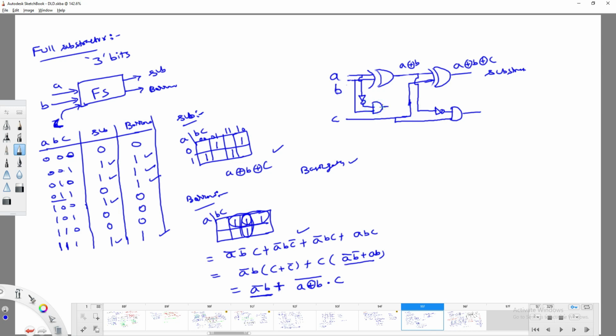Yes, so you are going to get here A bar B. So this A bar B, I am going to perform the OR operation with A XOR B whole complement dot C. So here I am going to get the borrow. So now you got the borrow. Okay, this is what a full subtractor is.